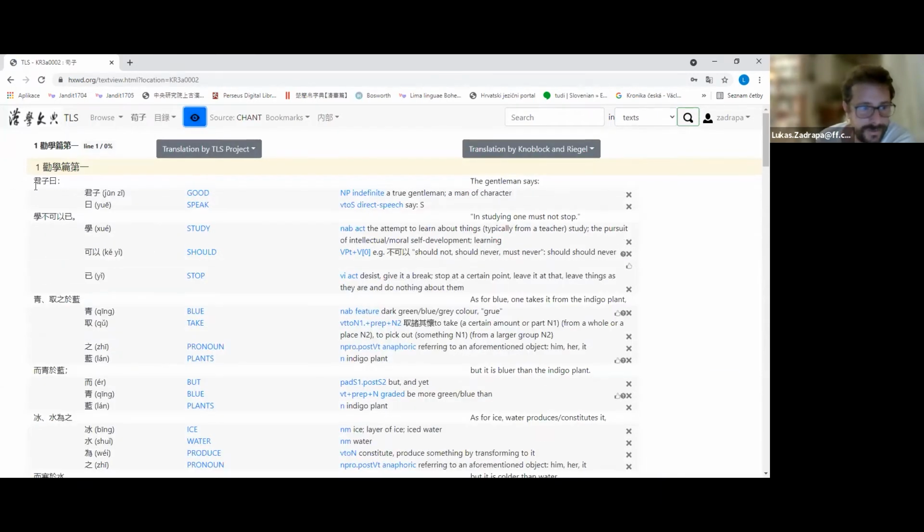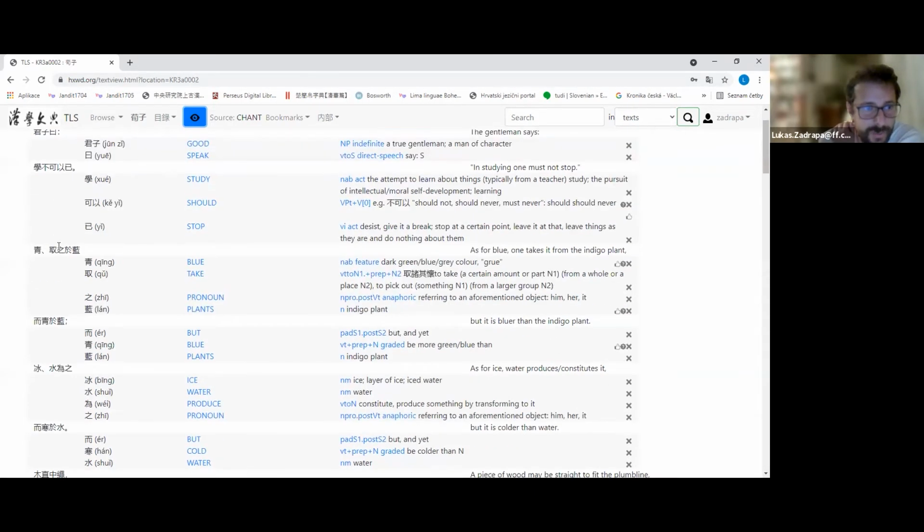So here we have the original text of the first chapter, Quan Xue, and here already is the analysis I did. But before I did it, I had to decide all the time, and I can show you the problems which aroused my interest in this phenomenon anew, and the problems that we talked about with Christoph Harbsmeier.